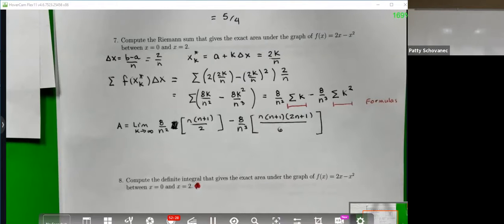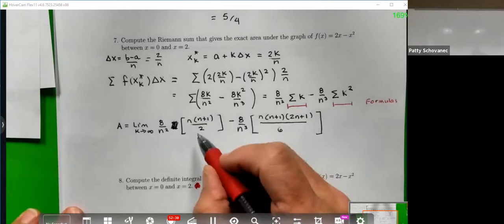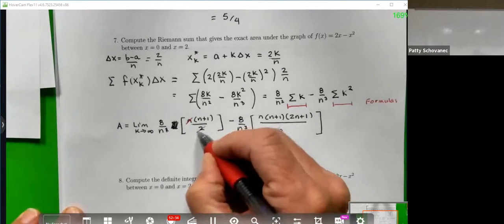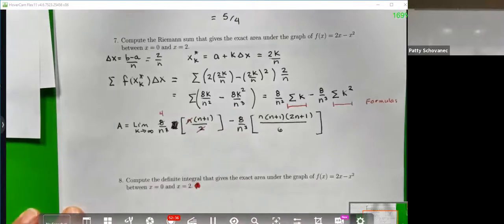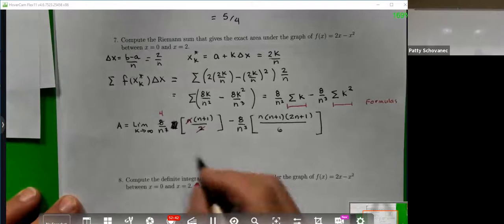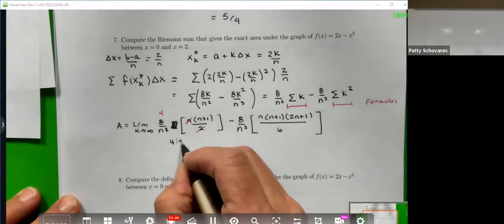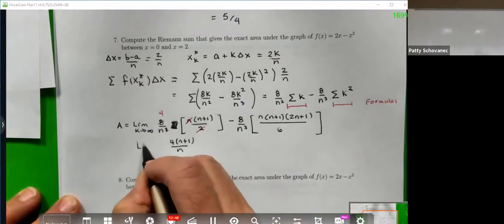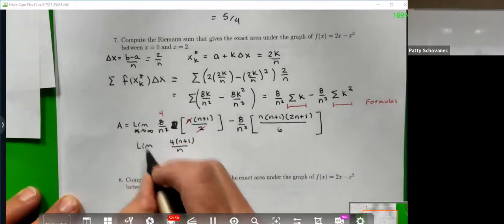All right, let's back up here at the limit. I'm going to cancel this n with one of these. This 2 goes into here 4 times. And so what I have left out of that is 4 times n plus 1 over n. This should be n going to infinity.